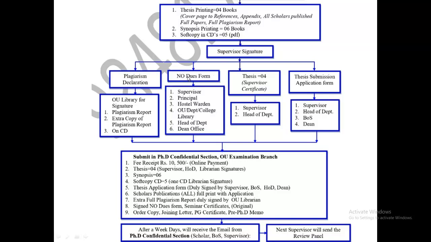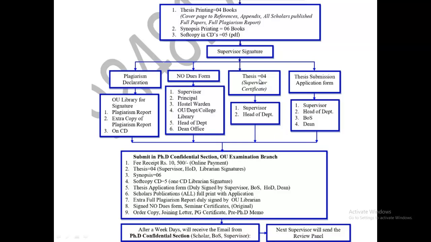And signature on the No Dues form. In the No Dues form, the signatures of the supervisor, the principal of the college, hostel wardens, OU library, department library, college library, and head of the department, and dean office people will sign the form.